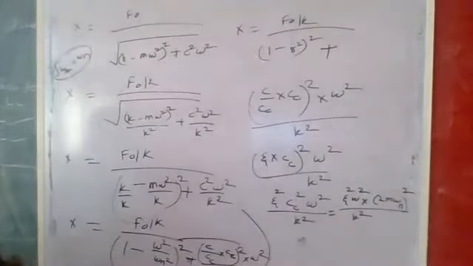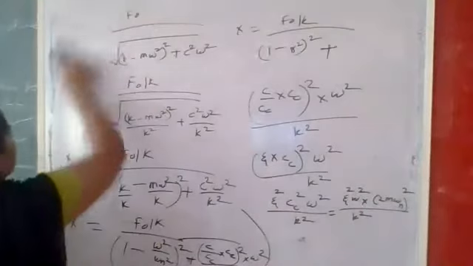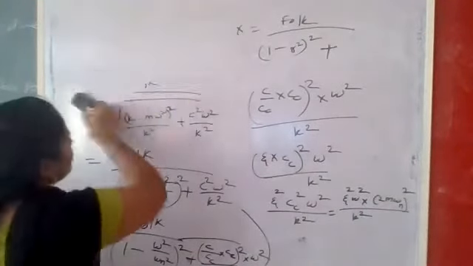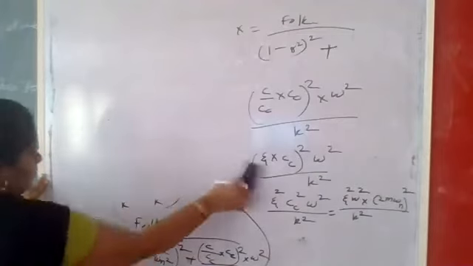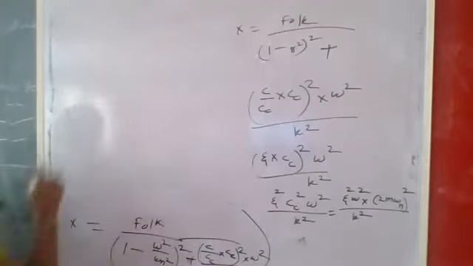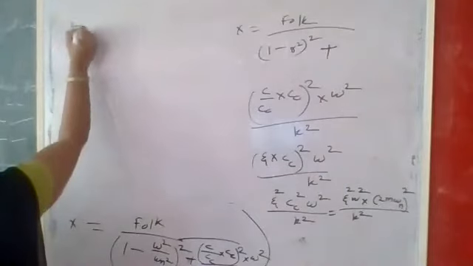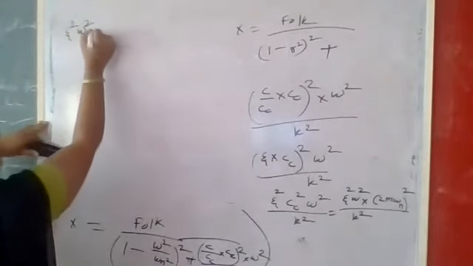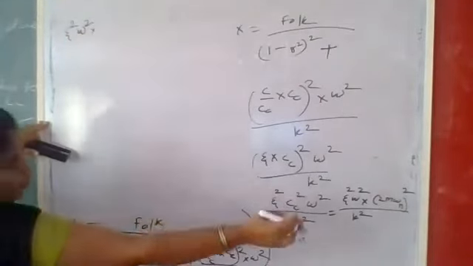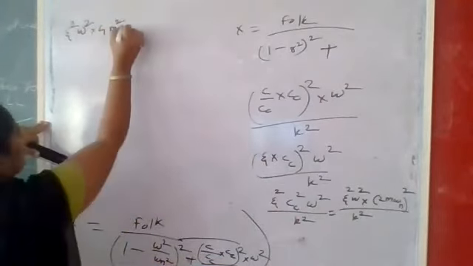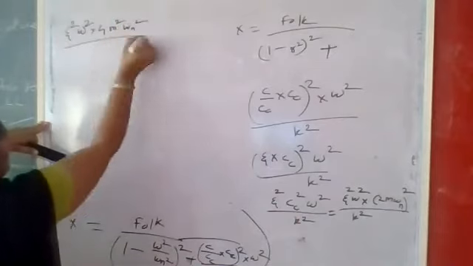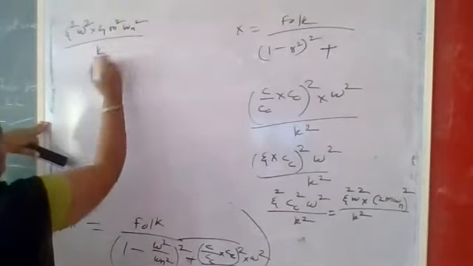After that, I will split this value. You can see here how I am going to split it. Zeta square into omega square into twice m omega n, that will become 4 m square into omega n square divided by k square.